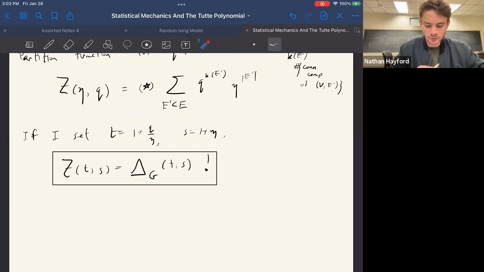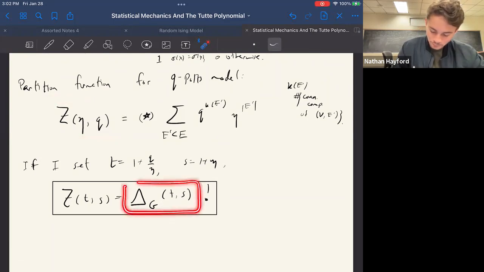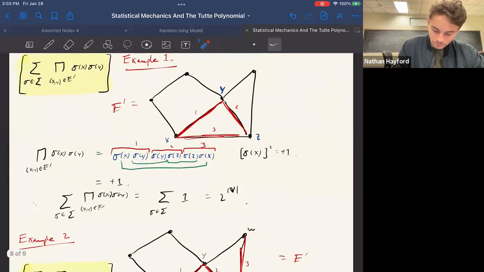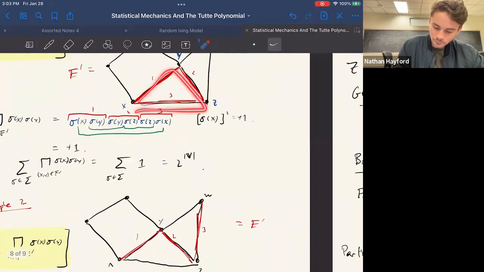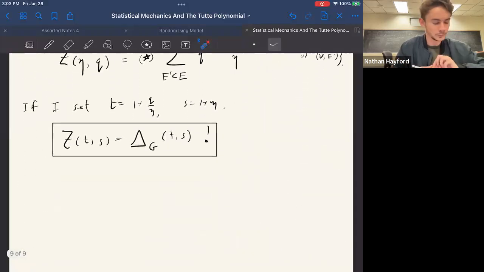It's also important for reasons of computational complexity, of actually computing this partition function and so-called solving the Ising model. We saw that there's a very nice algorithm for computing the Tutte polynomial, and so that implies that there's a very nice algorithm for computing Z. And conversely, we had this very nice way of computing Z using these pictures, and so we can read that back and say there's another way to compute the Tutte polynomial.